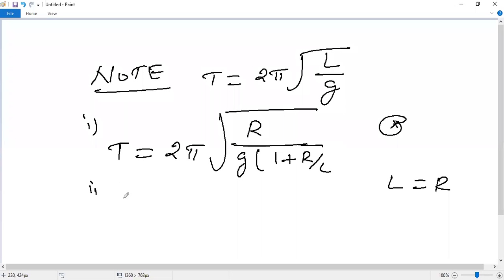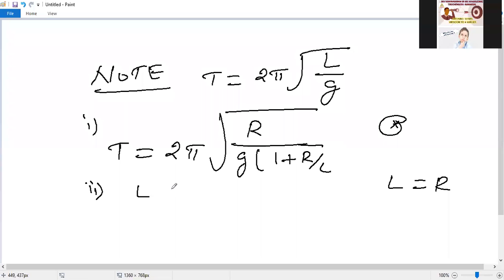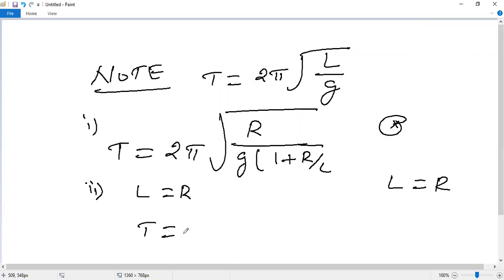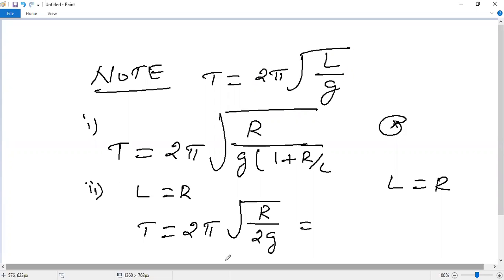Second, if L is equivalent to R, then you will get T equal to 2 pi root of R divided by 2g. Then you will get the time period T value as 59.84 minutes.